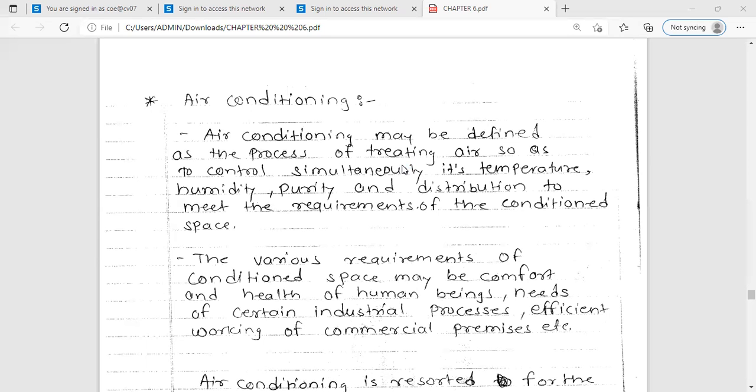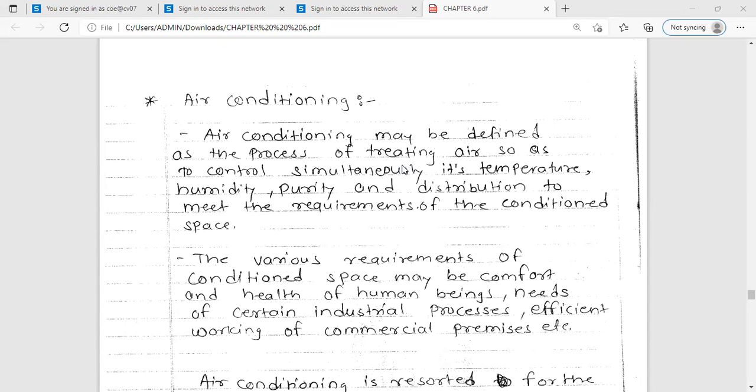Okay, means wherever air conditioning is required, means ventilation is required. Okay, ventilation is nothing but the supply of fresh air into the room or building. That is nothing but the ventilation. And in air conditioning also we are going to supply the air. Okay, fresh air, or we can say pure air. Okay, in ventilation process we do not go for purifying the air, humidification, dehumidification, and we are not going to change the temperature of the air.